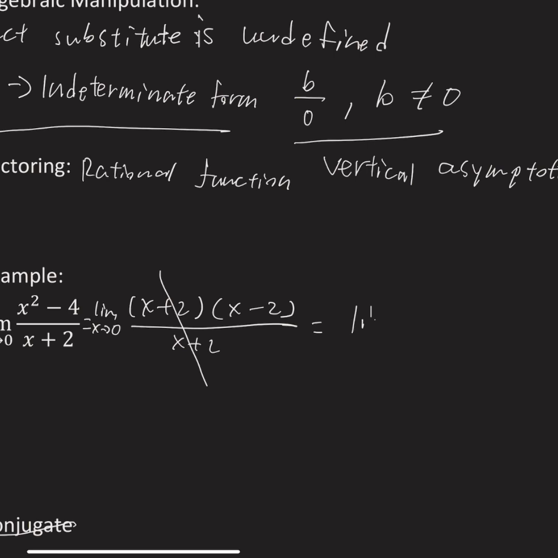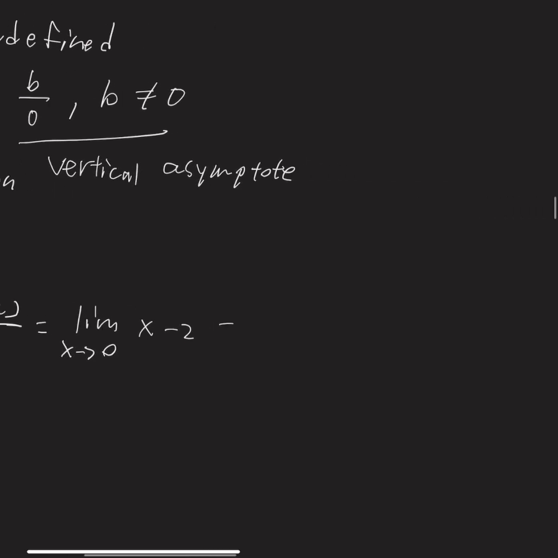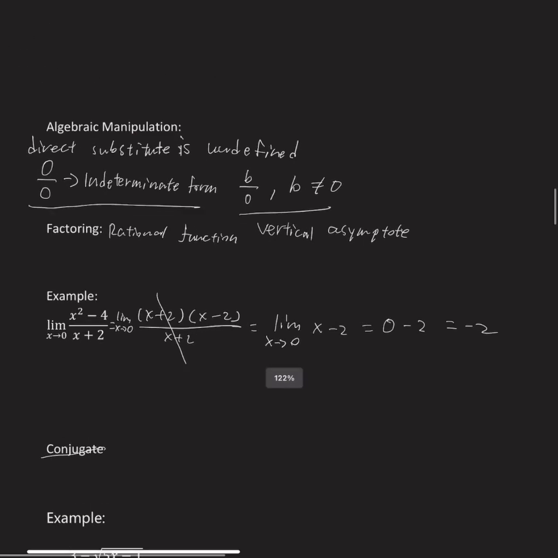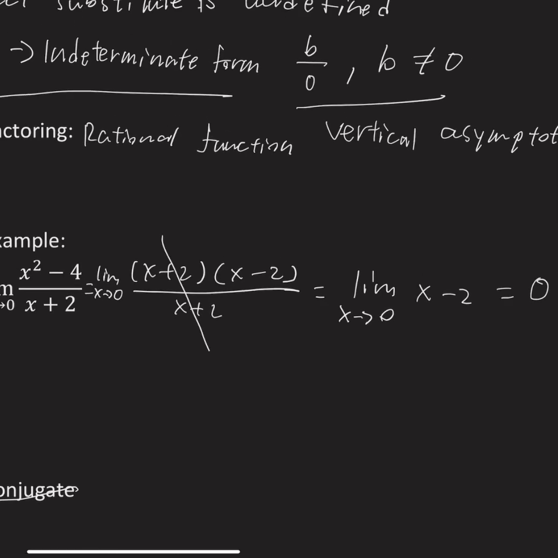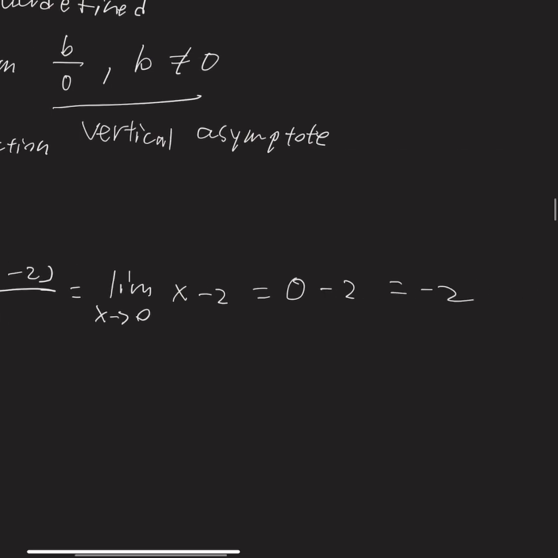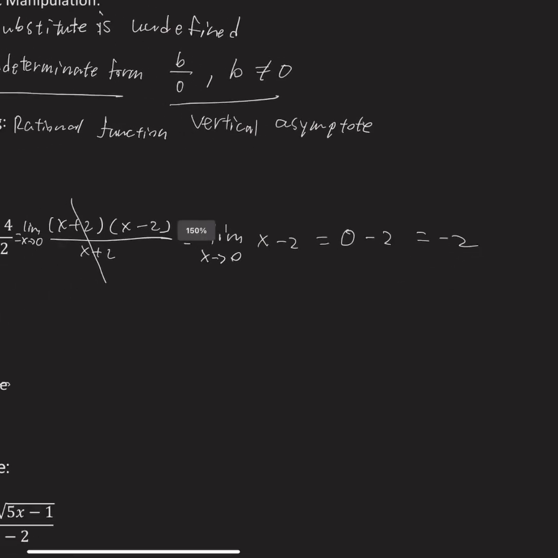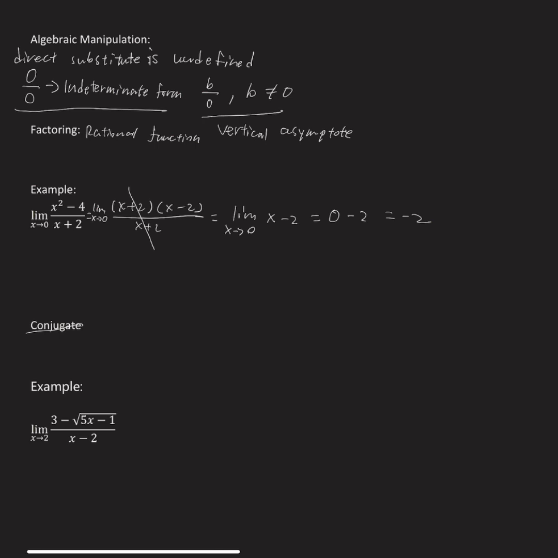So basically what we're finding is the limit of x approaches 0 of x minus 2. That gives you 0 minus 2, that's equal to negative 2. It is okay to simplify these values for limits because we're approaching some value but not equal to it.